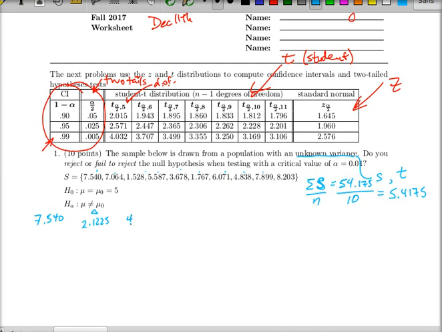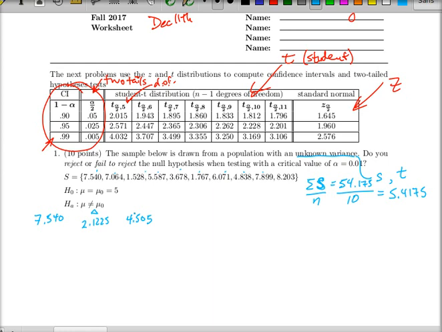We've got 4.505, and I'm going to go ahead and add that to a memory if I can. Don't remember if there's a mem plus. Maybe it is.